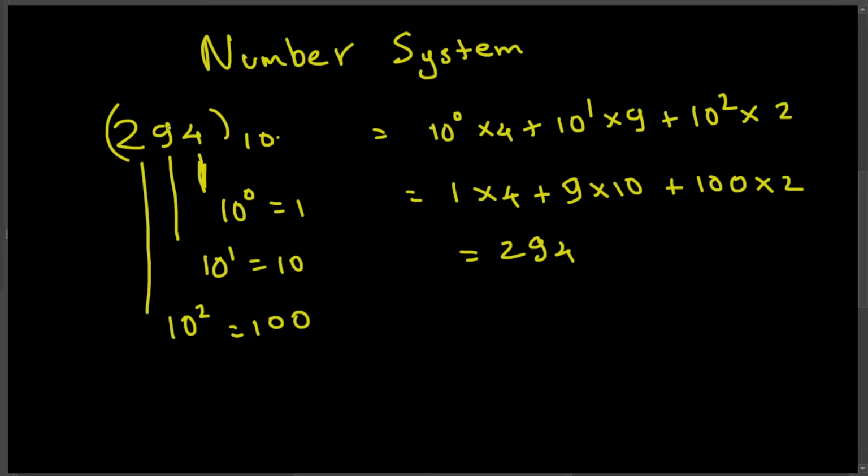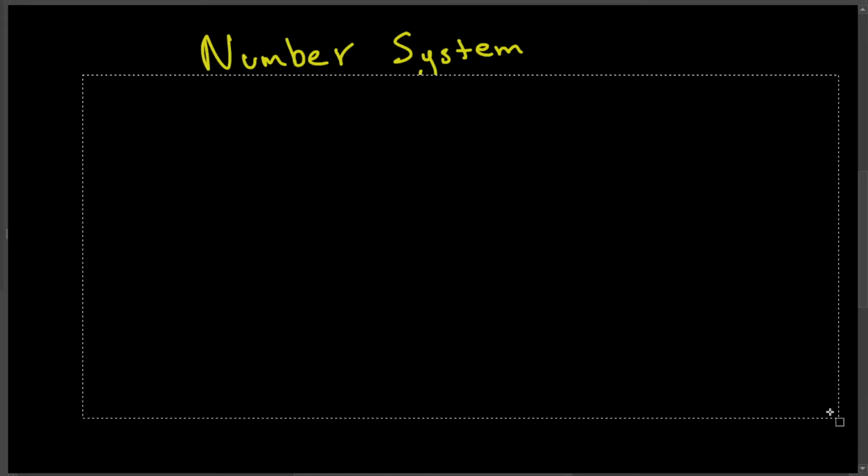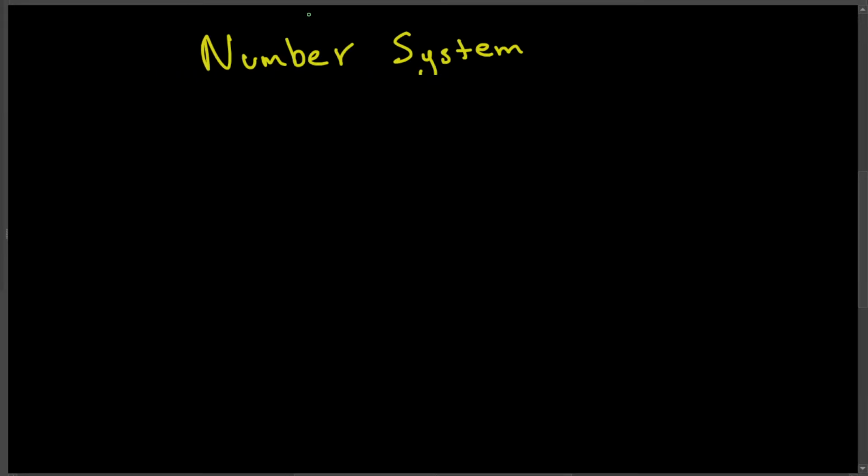Okay, we can go ahead and look at an example with a decimal place as well. Let's try a decimal number. Let's look at this number, 15.214.